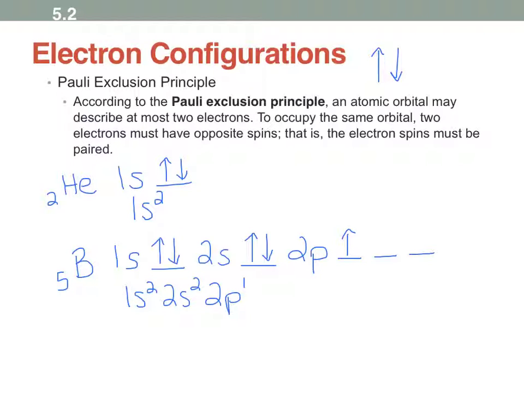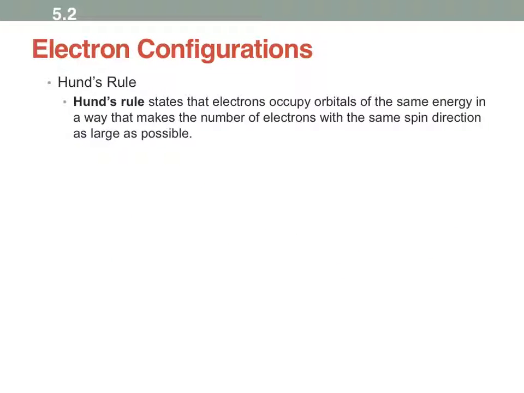So there's 2 of the rules down. We're going to look at the last rule, which is Hund's rule. Hund's rule is kind of confusing. It states that electrons occupy orbitals of the same energy in a way that makes the number of electrons with the same spin direction as large as possible.